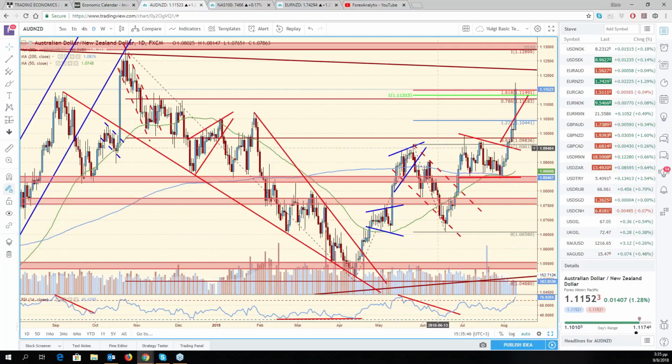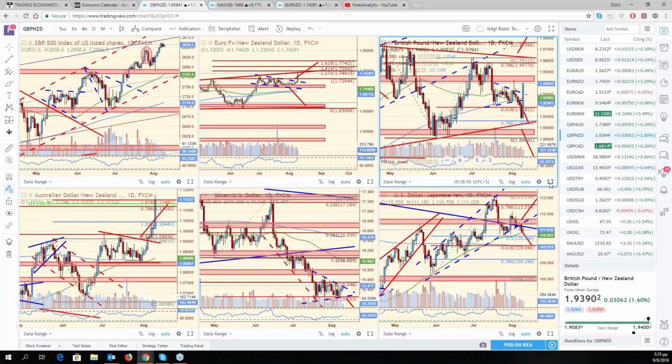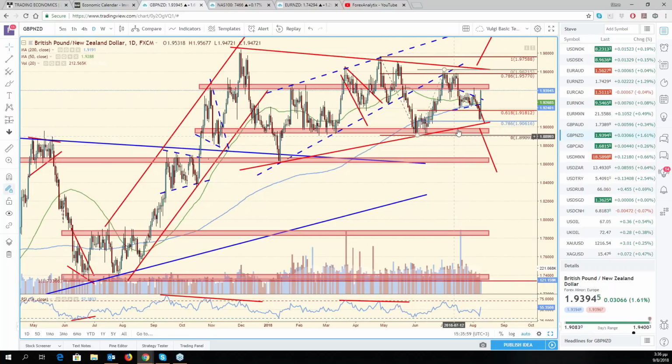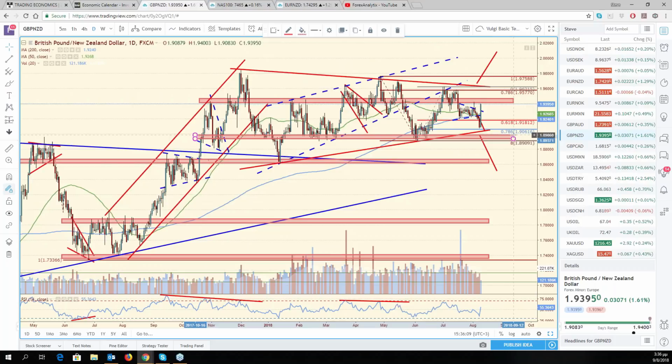Now let's have a look at the pound kiwi. Pound kiwi obviously also exploded higher. Pound kiwi, though, remains within a symmetrical triangle. So, between the euro kiwi and the pound kiwi, as I had said several days ago, euro kiwi was much better positioned. So big move in the pound kiwi as well.